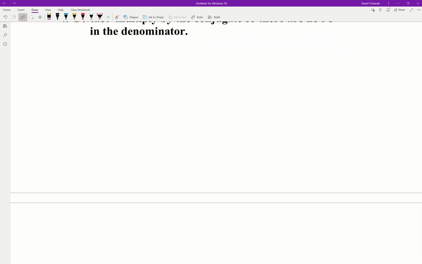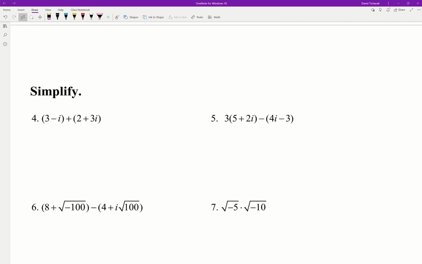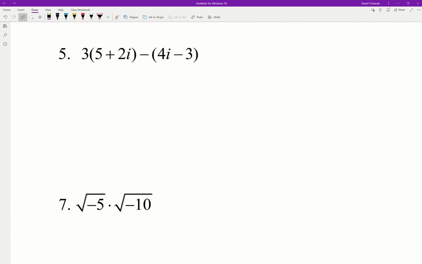Okay, and so let's take a look at all of the odd examples here in this set of notes, starting with number 5. If we take a look at a problem like this, instinctually, I think what you might think to do is distributive property, and that's exactly what you want to do. The nice thing with dealing with complex numbers is that they work in the way that you think they will. So we'll distribute that 3 in.